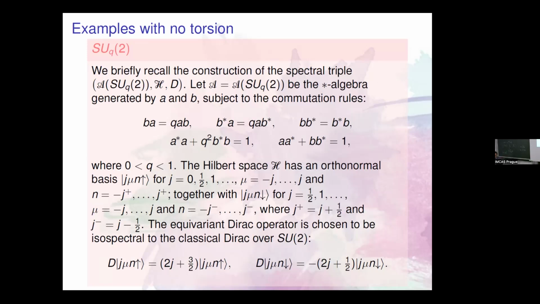Besides that, there is a spectral triple on it, the so-called isospectral spectral triple, where the Dirac operator is basically the same as for SU(2). Of course, the Dirac operator is the same, but the differential forms are different because the algebra is different. So the question whether this Dirac operator is torsion-free is absolutely not obvious.